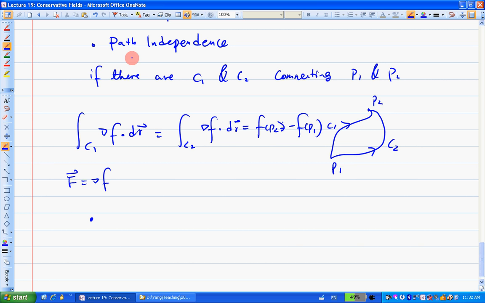Okay, so when you have a conservative field, the first thing is path independence. The next thing is that your line integral over a closed curve is 0.